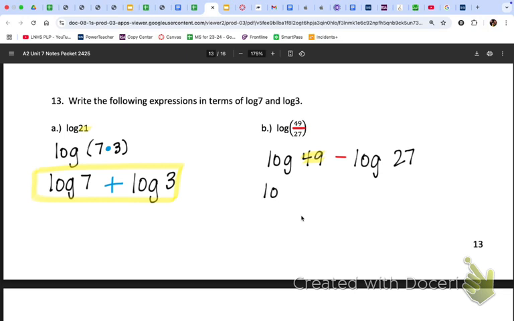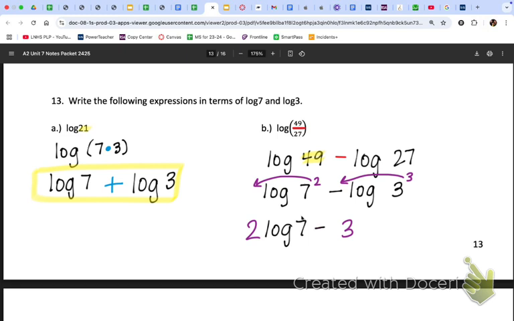Use exponents. 7 to what power? 7 squared. Okay, what about 27? It's not going to be 7. Obviously, you can use 3. 3 to the third. Now you're tracking with me. Then you can scoot these exponents out in front and use your log properties. So 2 log 7 minus 3 log 3. You can rewrite logs however you want as long as you use the properties correctly.